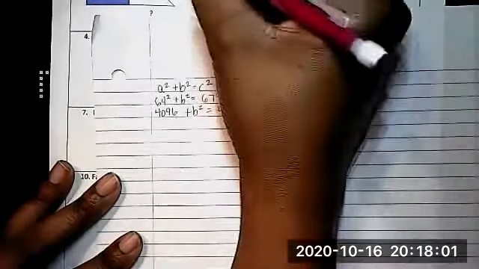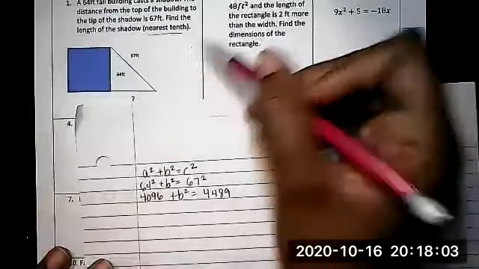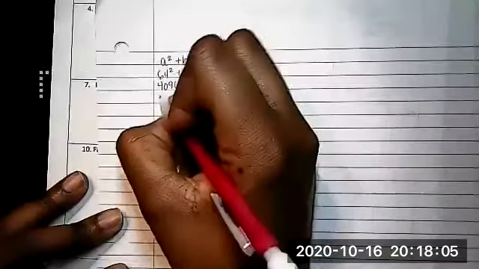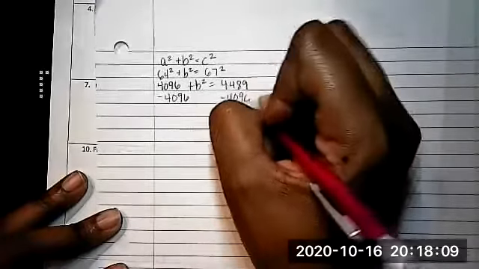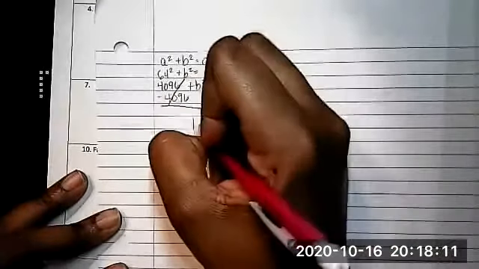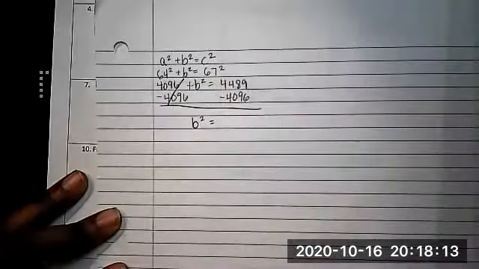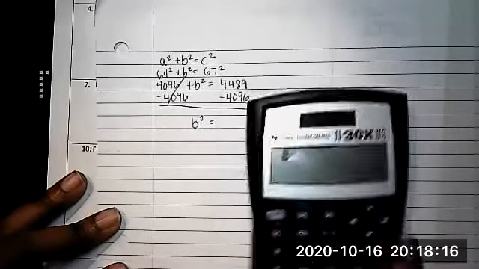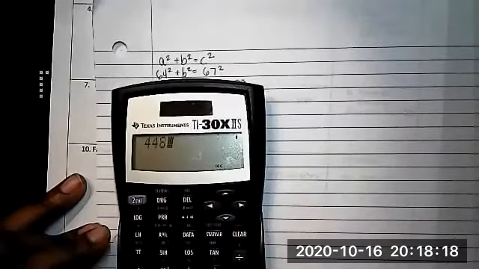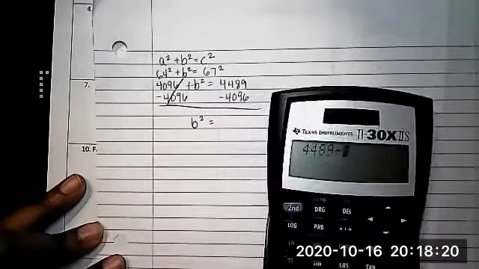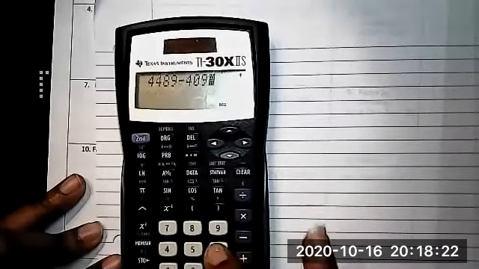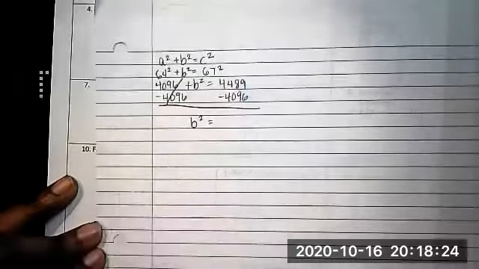They did say they wanted me to round to the nearest tenth here. Okay, so I know I'm going to subtract 4,096 from both sides. b squared is going to be equal to 4,489 minus 4,096, and you get 393.